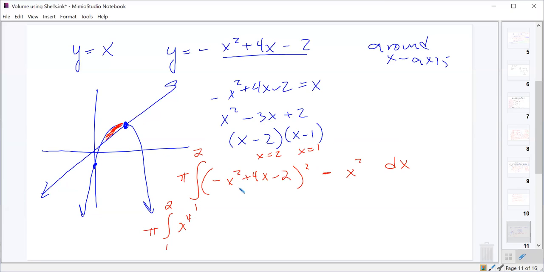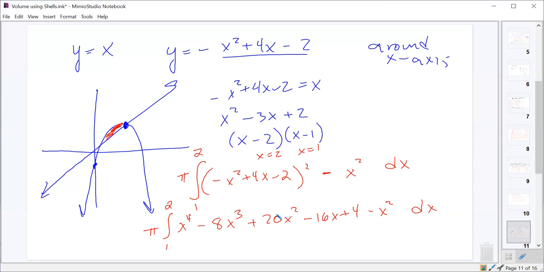X to the 4th, minus 8x cubed, plus 20x squared, minus 16x, and then a plus 4. Did I distribute that right in my head? Yeah. Okay. Hopefully so.